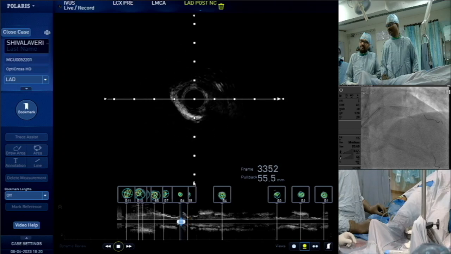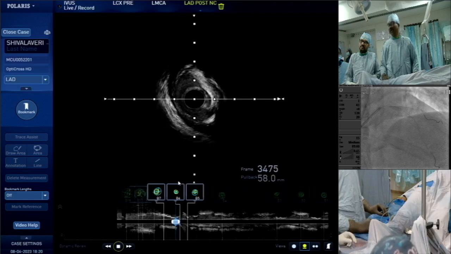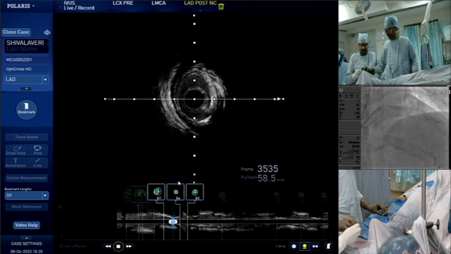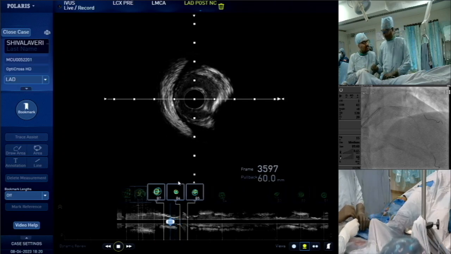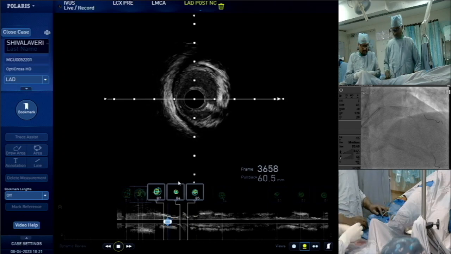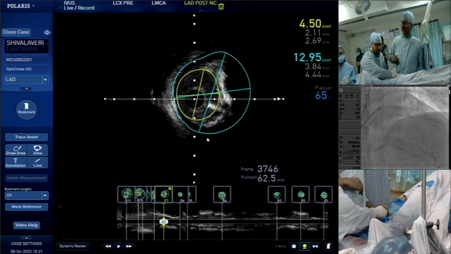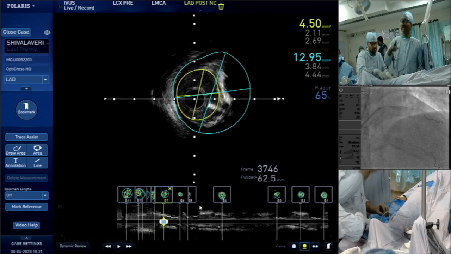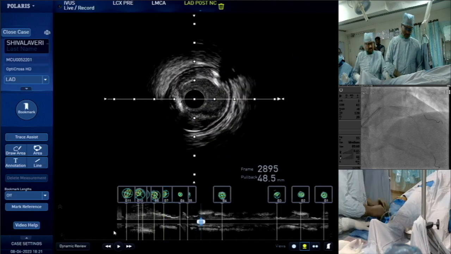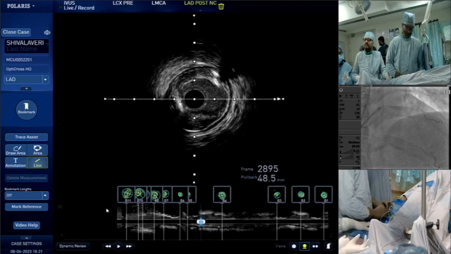The diagonal ostium we are seeing is almost more than 180-degree arc of calcium. So this is the distal LM and this is the ostial LAD. Yeah, one glaring point here is if you guys have observed, calcium appeared deep in angio, right?